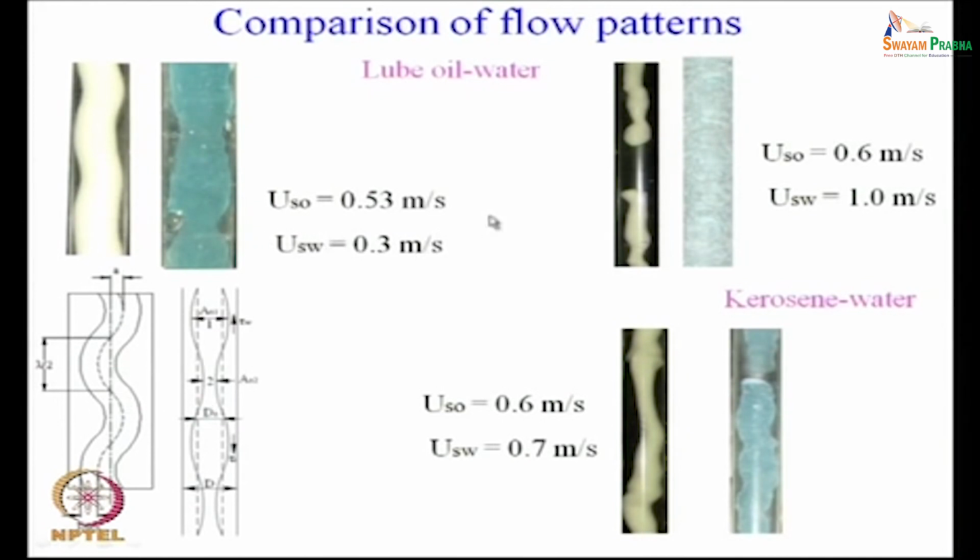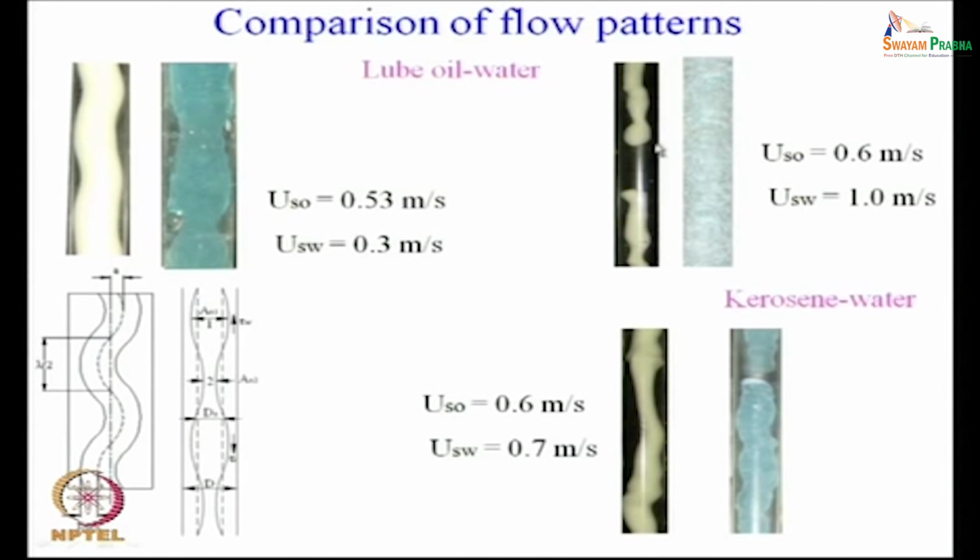Just because of the difference in the nature of the interfacial waves, the flow patterns which occur with decrease of oil or increase of water velocity are drastically different for the lube oil water case and the kerosene water case. For the kerosene water case, we have kerosene dispersed in water, but here we have a slug flow where the lube oil slugs are extremely sinuous and tortuous, an irregular sinuous slug flow.